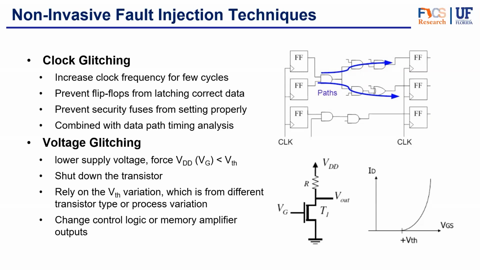The next one is voltage glitching, which is based on running the chip using a depleted supply voltage. Ultimately, some of the high threshold transistors in the design will stay open, and then we are injecting some wrong values in the design, or the design will not work correctly.